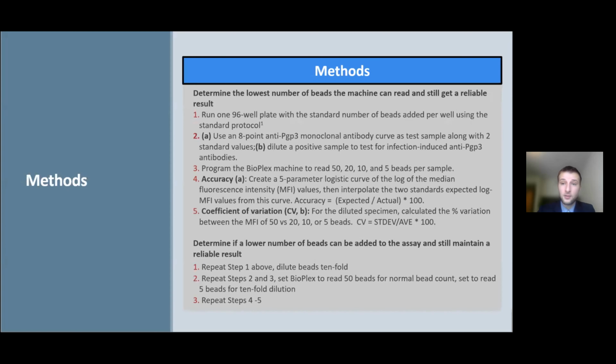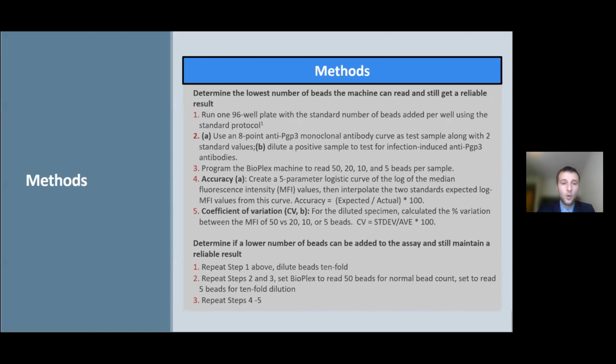Next, to calculate accuracy for part A, we created a 5-parameter logistic curve of the log of the median fluorescence intensity, or MFI values, and then interpolated the two standards' expected log MFI values from this curve. Next, for the coefficient of variation, or CV, for part B, for the diluted specimen, we calculated the percent variation between the MFI of 50 beads versus 20, 10, or 5 beads.